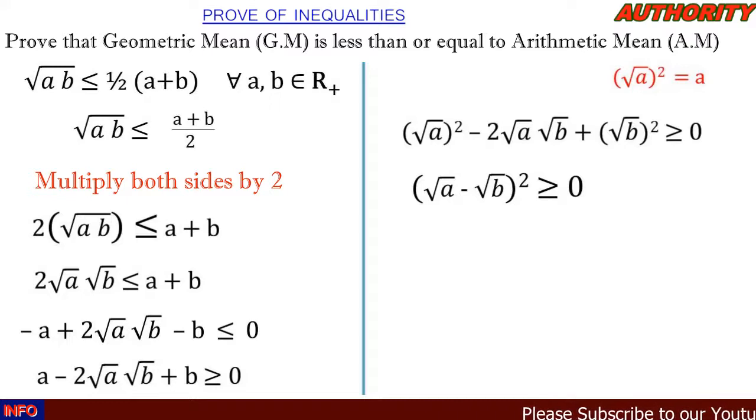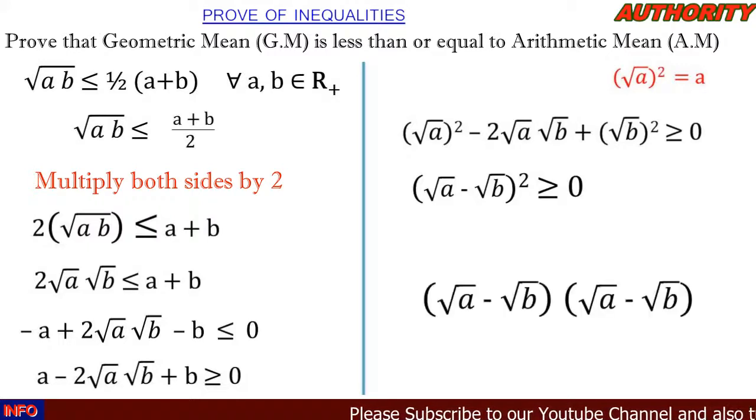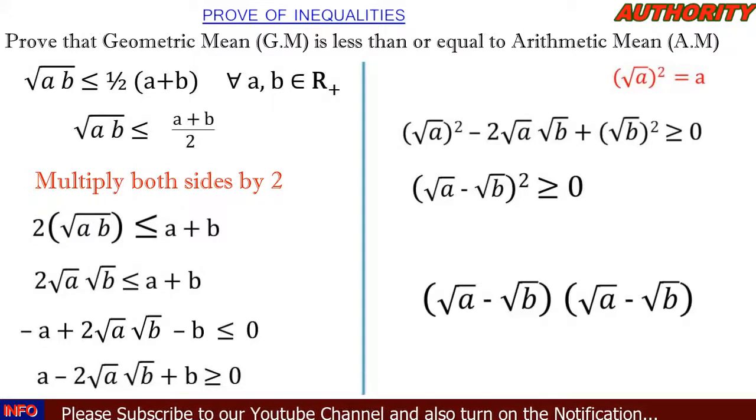Because if you open this bracket into two places, that is when you say root A minus root B in one bracket times root A minus root B, it is going to give you the above expression. So it is a simplified form of root A, all in bracket, raised to the power 2, minus 2 root A root B plus root B, all in bracket, squared.